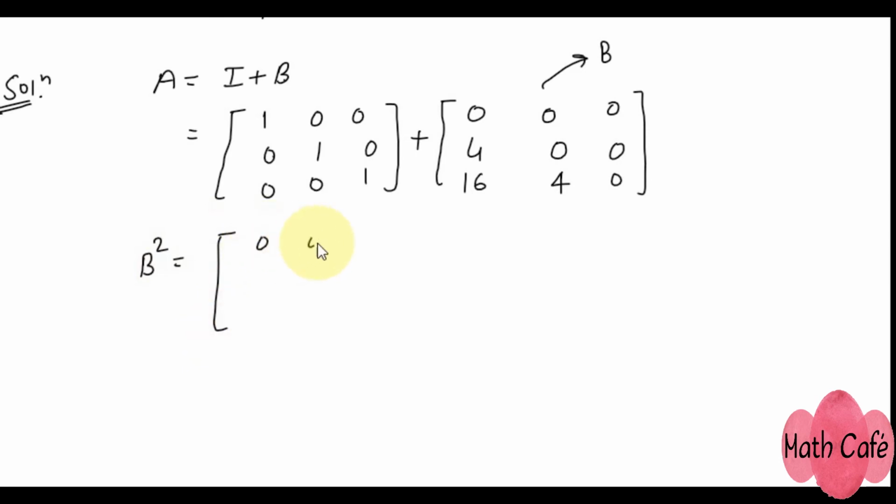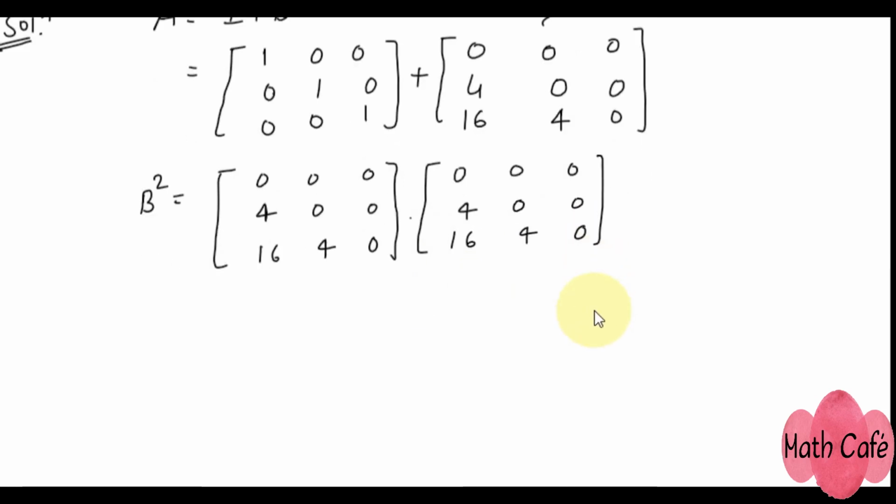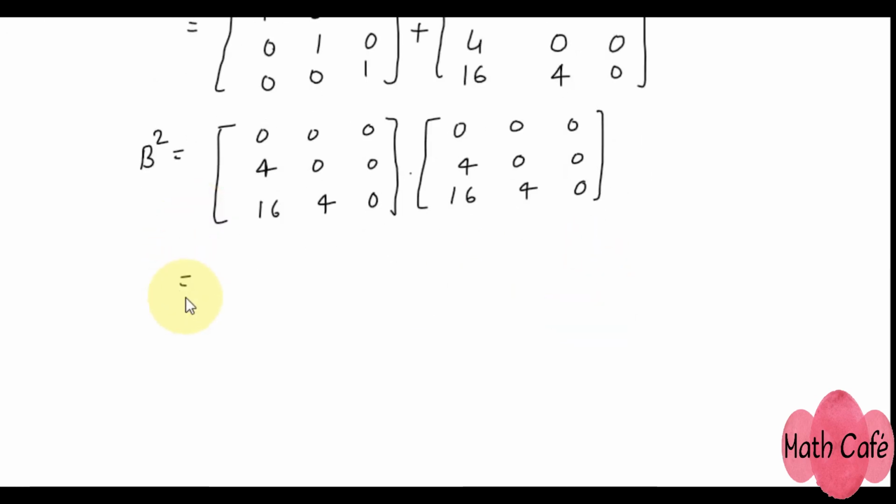Alright, so that is 0 0 0, 4 0 0, 16 4 0. So this matrix is multiplied by the same matrix 0 0 0, 4 0 0, 16 4 0. Alright, so we will do the multiplication through the row by column method.